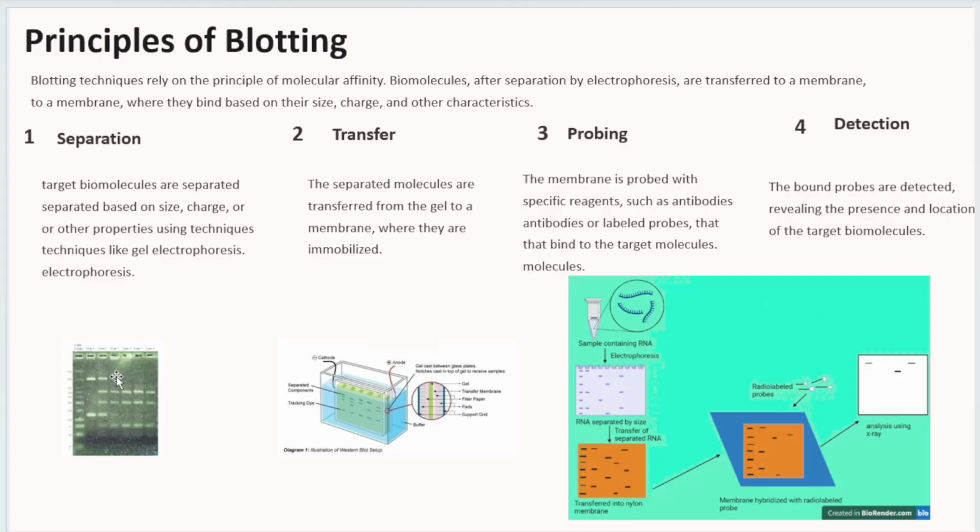Now, this gel with the separated bands is transferred to the membrane, and then we give it a supporting matrix. We have a grid and a chamber here. In this chamber, we have the gel, followed by some spongy pads. On the surface, we keep a membrane, the nitrocellulose membrane.